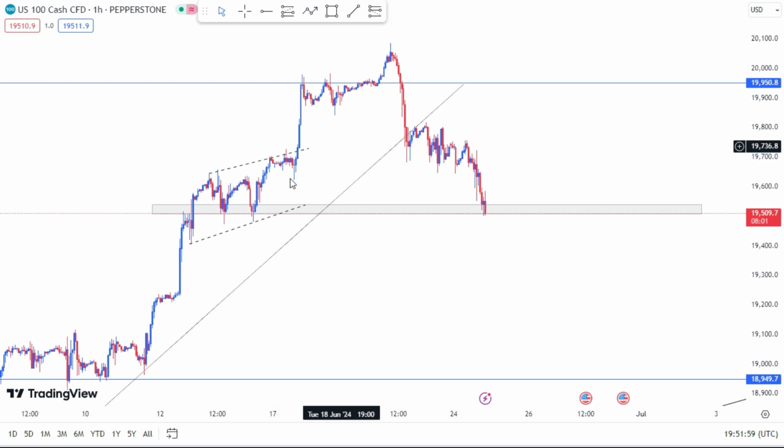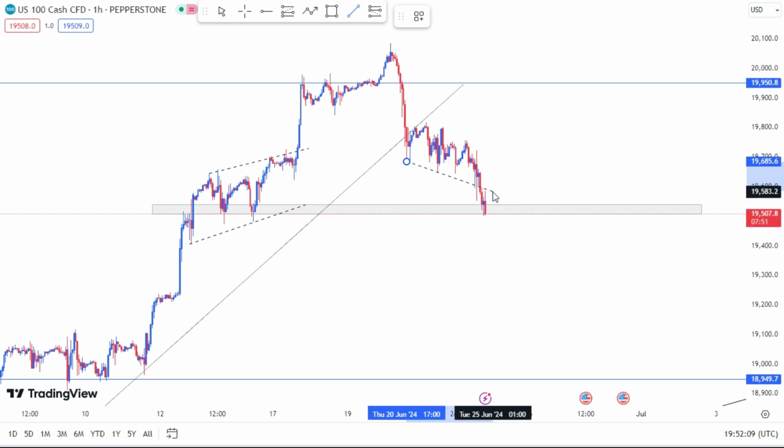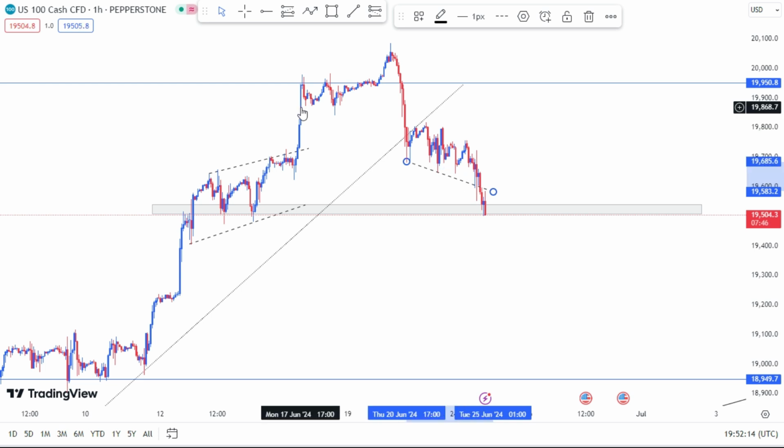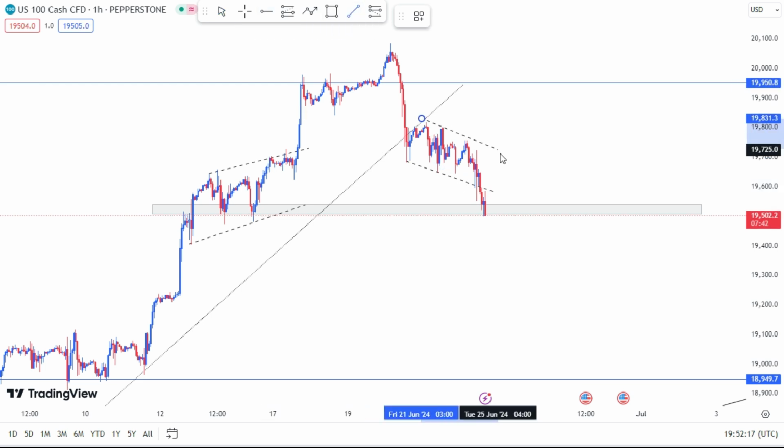Here you can see 1, 2, 1, 2, 3, break. So this is what we had before, and now what do we have here? You can see head, 1, 2, break, 1, 2, break, on the upper side as well. So I'm going to create another one over here.